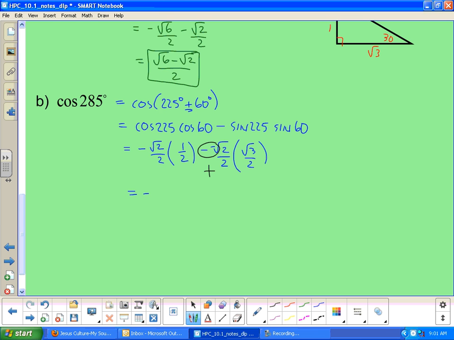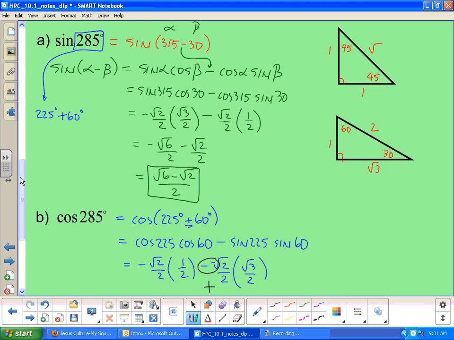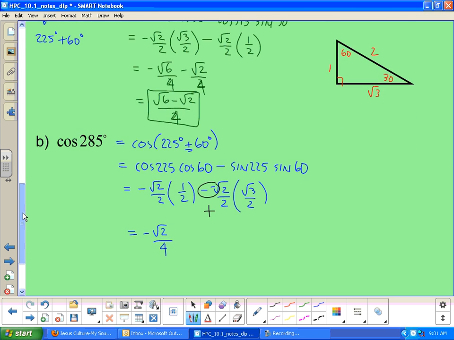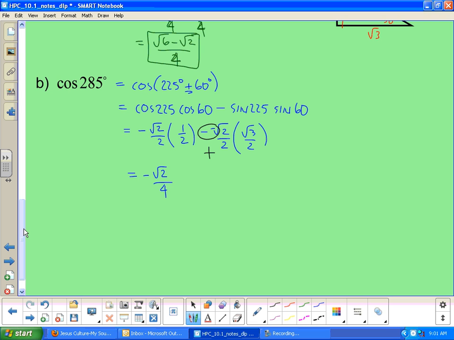All right, so we get negative root 2 over 4. I just realized that I didn't multiply my denominators here. That's 4, that's 4, that's 4. Sorry about that. And plus root 6 over 4.